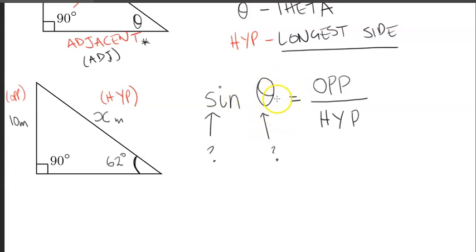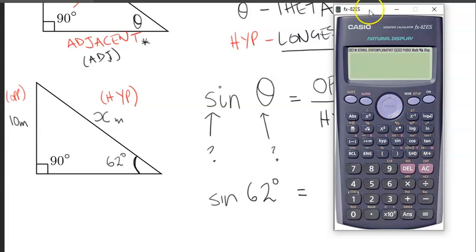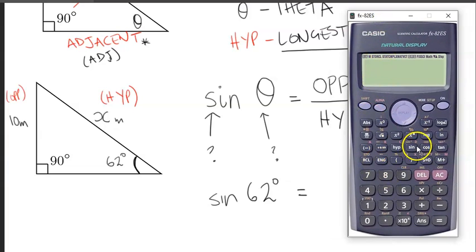What this is saying is that if I put sine and 62 degrees into my scientific calculator, it's going to give me what's called a ratio. Okay, let's get this calculator out. Let's clear this, and let's put sine, which can be found right here.